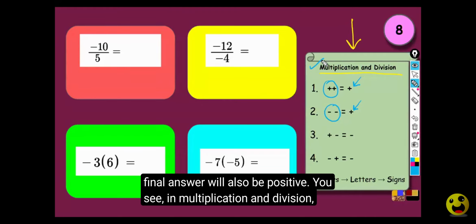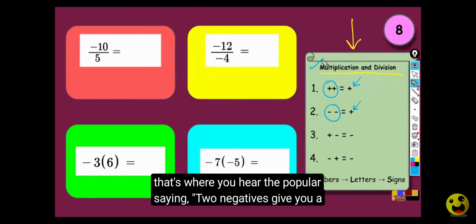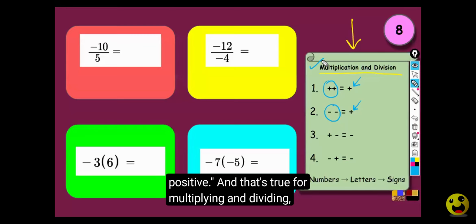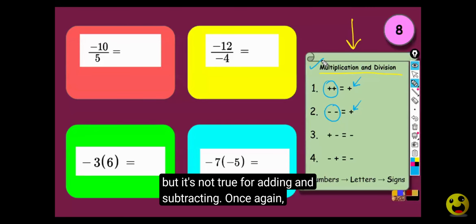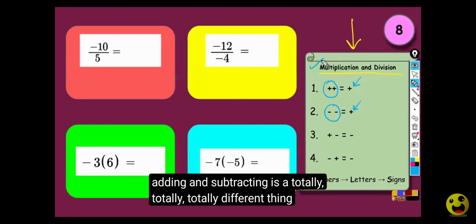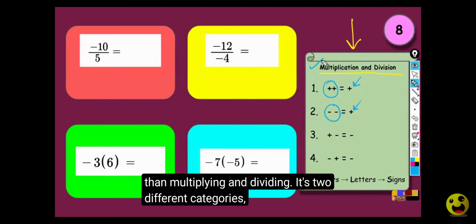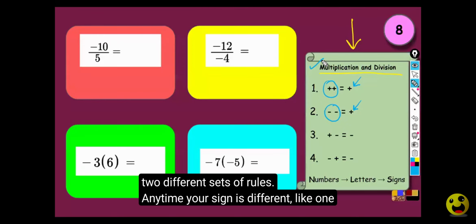You see, in multiplication and division, that's where you hear the popular saying, two negatives give you a positive. And that's true for multiplying and dividing, but it's not true for adding and subtracting. Once again, adding and subtracting is a totally different thing than multiplying and dividing. It's two different categories, two different sets of rules.